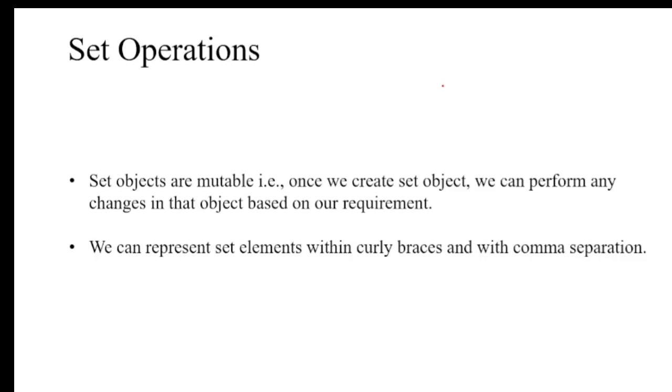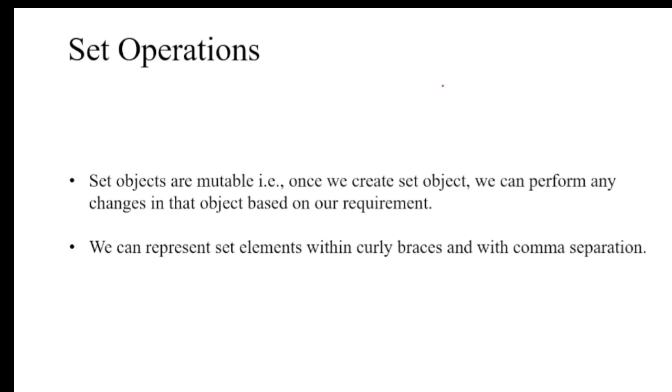And then we have different set operations. Set objects are mutable. That means we can change the value of the set. Once we create a set object, we can perform any changes in that set object based on our requirements.